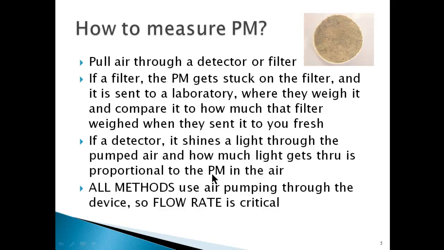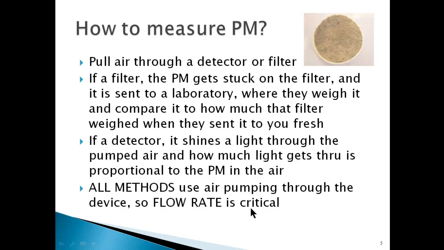This is the same way smoke detectors work, except they use beta particles instead of light. So basically the more particulate matter in the air, the less light will shine through. They work by pumping air through something where there's a detector, or it actually collects the particulate matter on a filter.